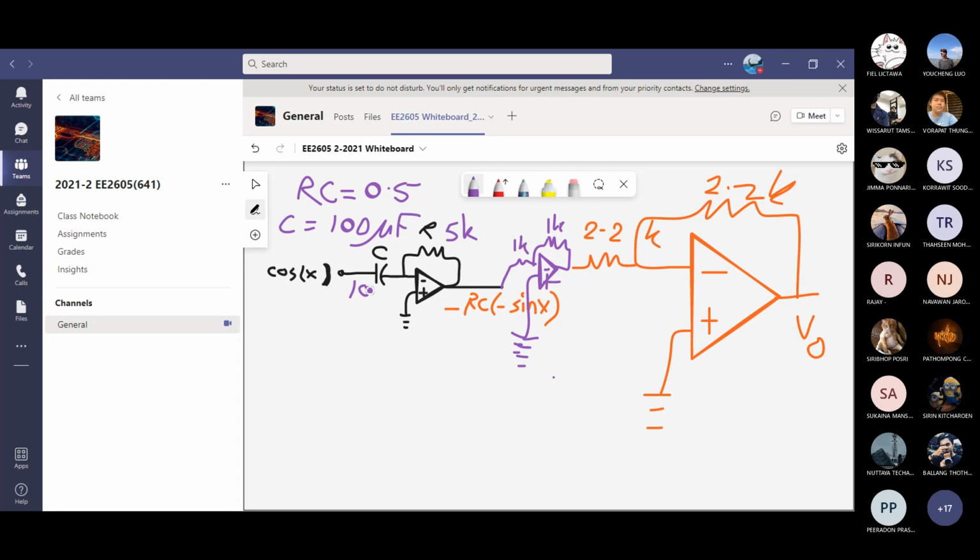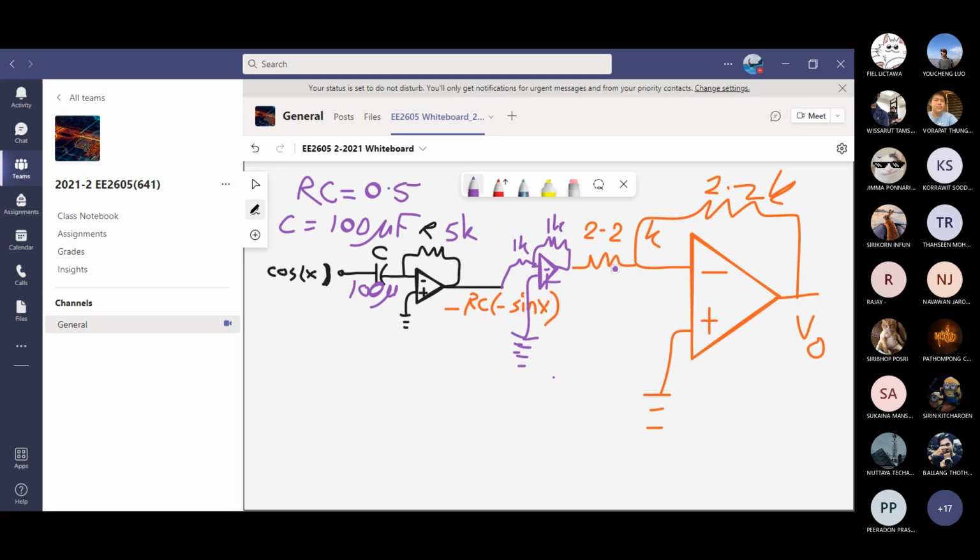Now you take the output from this differentiator, which is minus RC times d dx of your input. d dx of cosine x is negative sine x. Minus and minus becomes plus, and then you go through another unity gain inverting op amp.